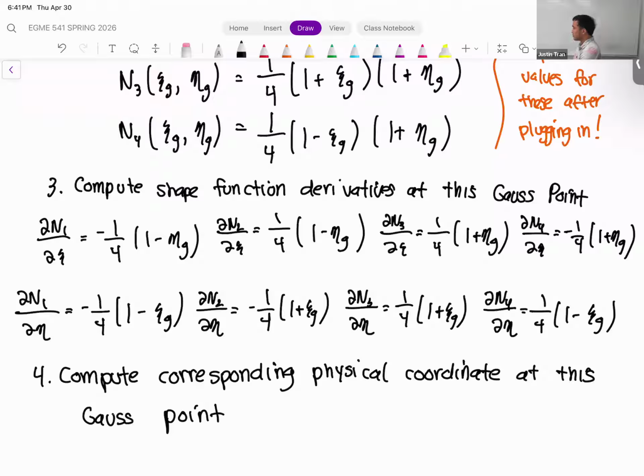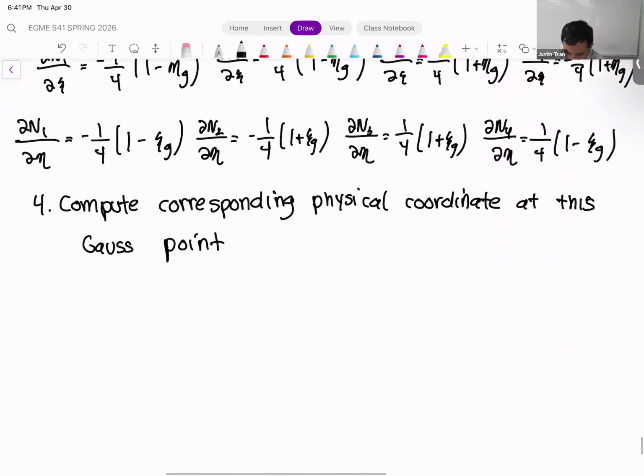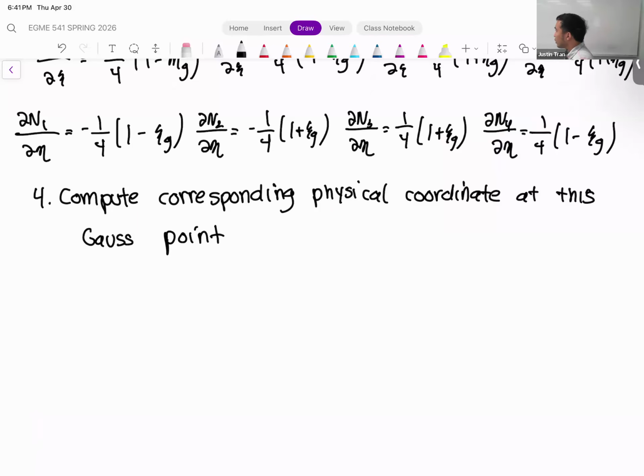Okay. So remember, we're performing a change of variables here, from the physical domain to this isoparametric domain, right? Even though we know the values of these Gauss points, the minus 1/√3 and plus 1/√3, they were mapped originally from some physical point in the physical domain.